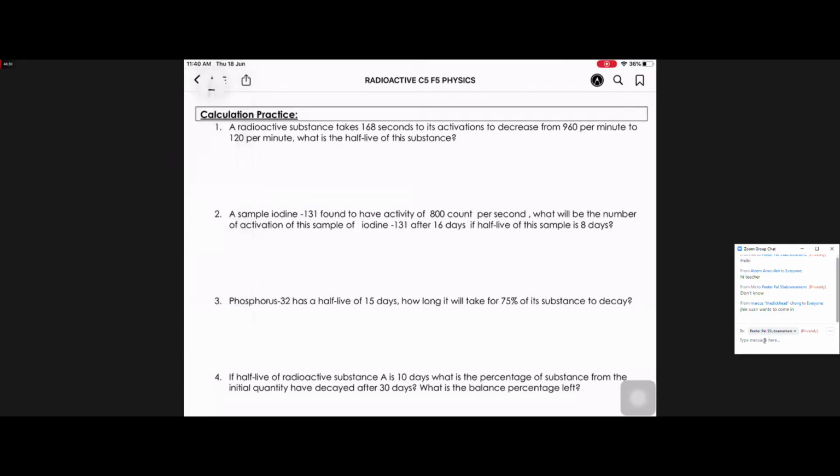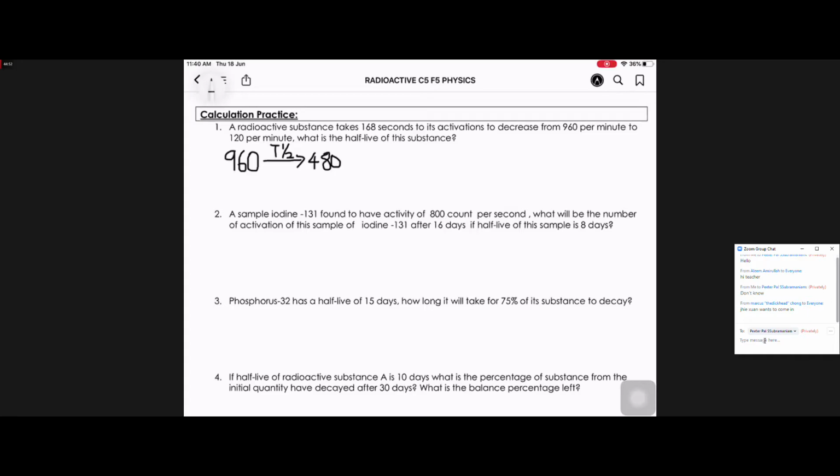Okay, initially it was 960. After the first half-life, what should be the balance? 480.